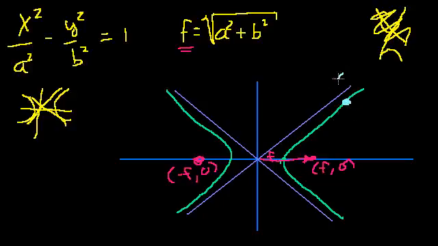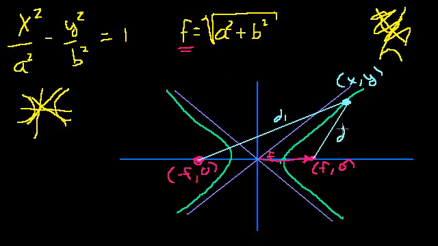So if this is the point x comma y, and it could be any point on the hyperbola, then if we take this distance right here, let's call that d1, and subtract from that the distance to the other focus, call that d2, that number is a constant regardless of where we are on the hyperbola.